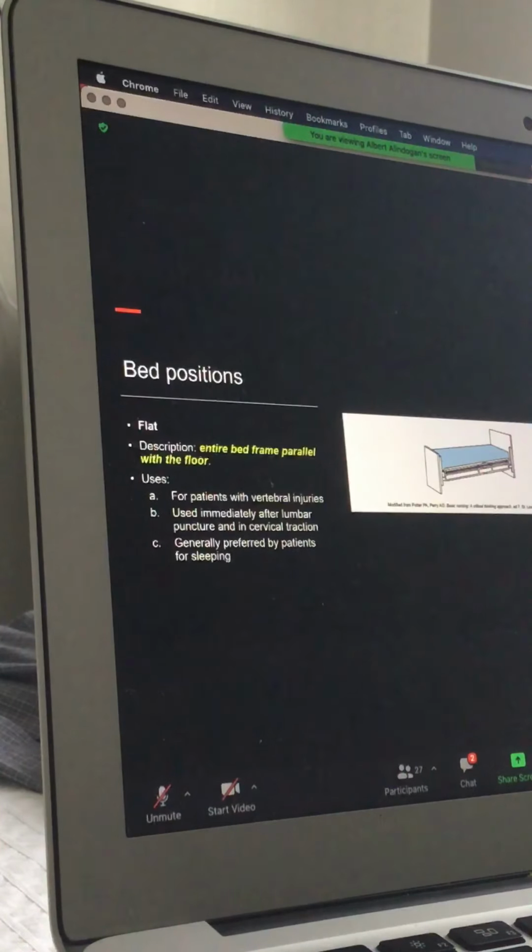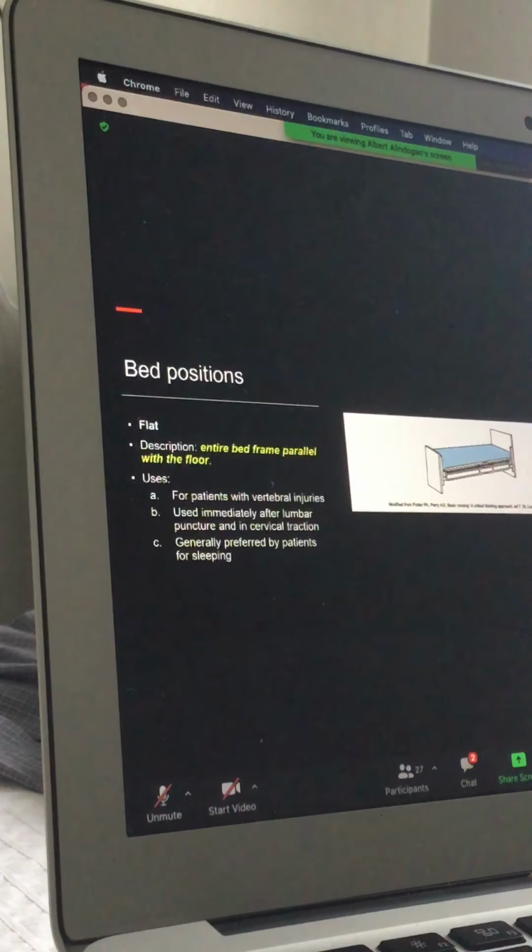Flat position is typically for people with vertebral injuries, where you want to maintain the alignment. Immediately after lumbar puncture and in cervical traction, we want to put them in a supine position to minimize post-puncture headache in lumbar cases. And again, this is generally preferred by patients for sleeping.